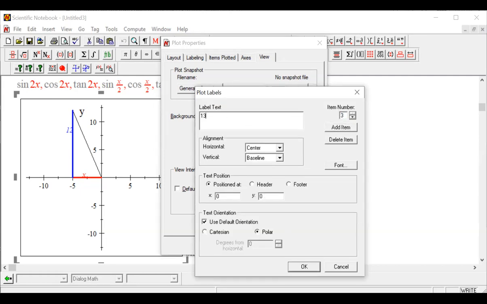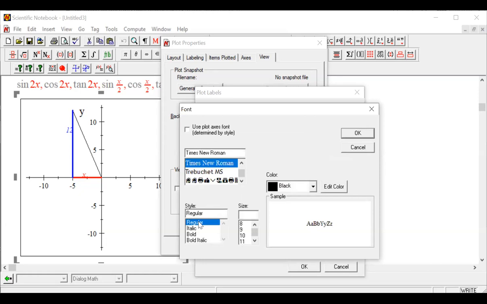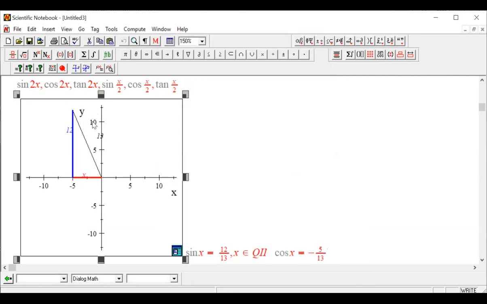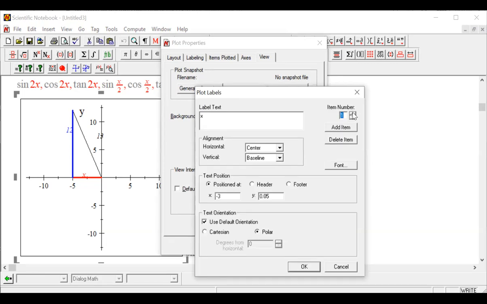So 13 is the hypotenuse. We're going to put it somewhere, and it doesn't matter what color, so I just keep it the black color. Oh, wrong place, 13. We need to move it over a little bit, right? Move it over, negative 2.5, my bad, 2.5. There we go, this will do it.